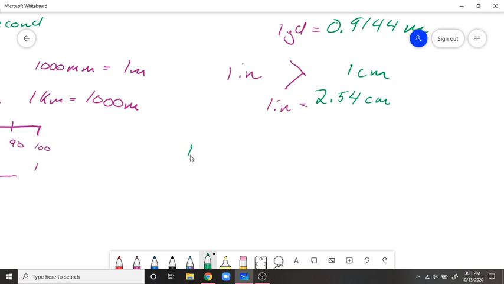Now, if I was going to convert from miles to kilometers, I would use this conversion factor. We talked about these the other day.